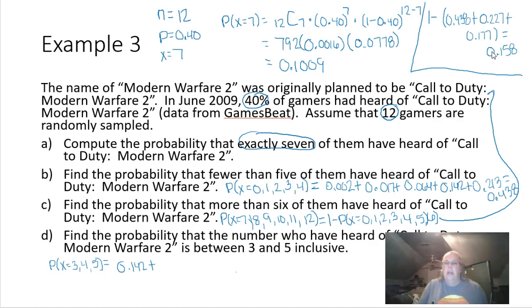And then for 4, this was 0.213. And then for 5, we just found that out to be 0.227. All right, so let's put all these in the calculator and see what we get. And this is giving me 0.582.